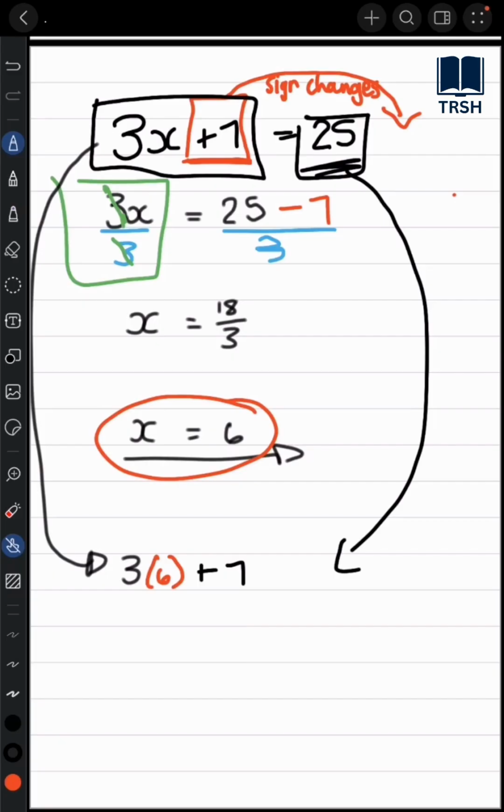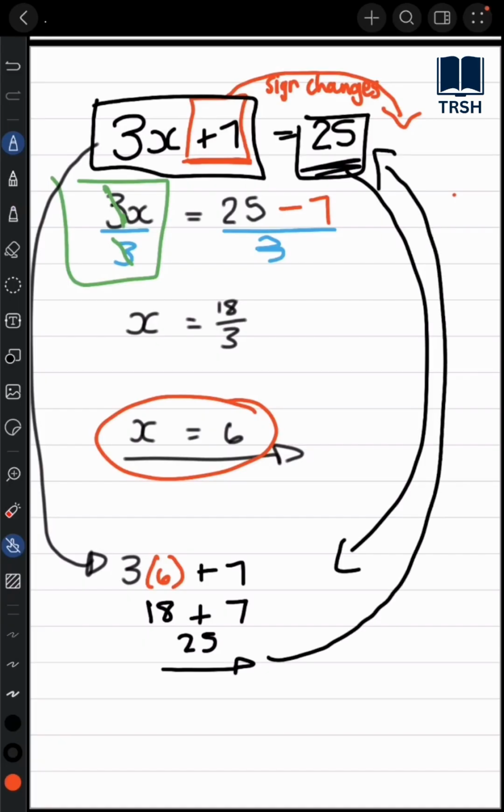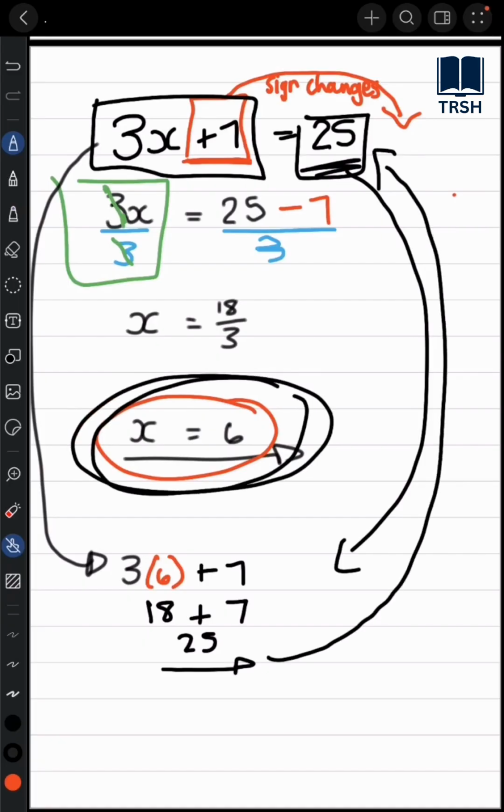So if we say 3 times 6, we will get 18 plus 7. And if we say 18 plus 7, it will give us 25. So that means this does give us our answer. So that means that this x that we got is indeed correct. So that's how you can go a step further to find out if your answer was correct.